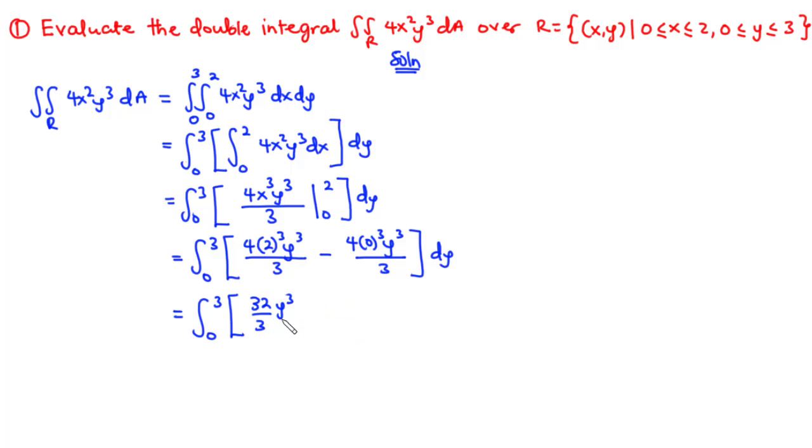Therefore we still have 8 over 3 times y cubed, and then dy. So because we have 8 over 3 as a constant, we are going to pull out the constant, so that we have the constant outside here times the integral from 0 to 3 of the function y cubed dy.